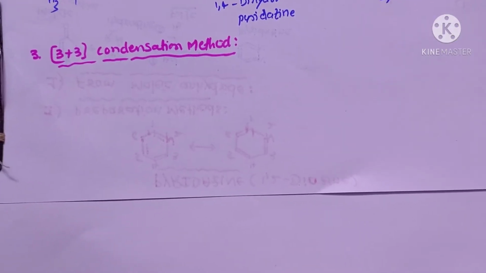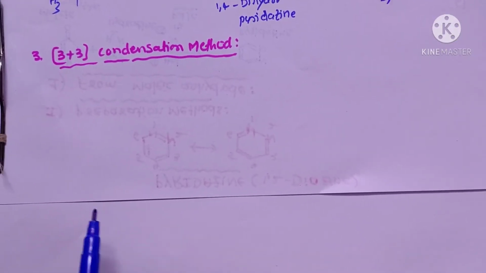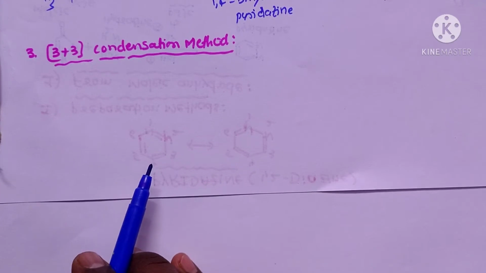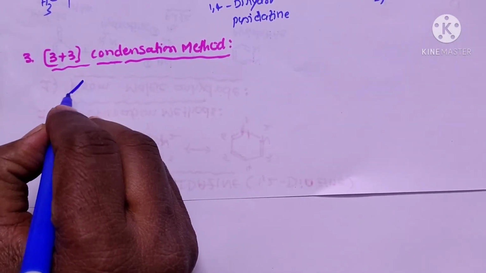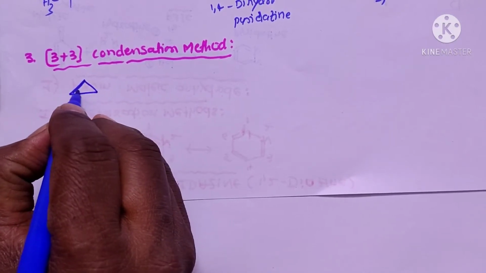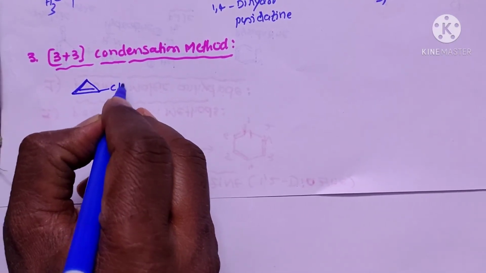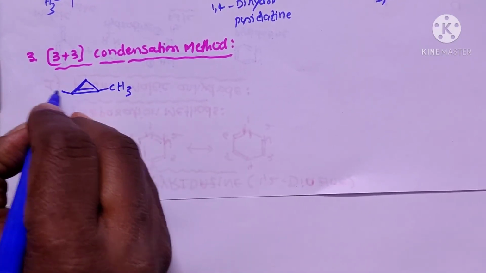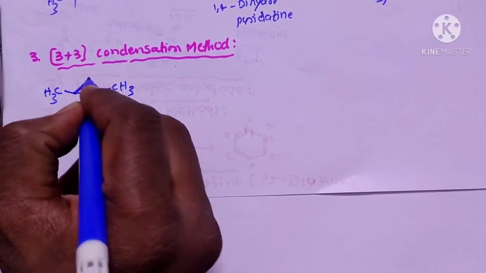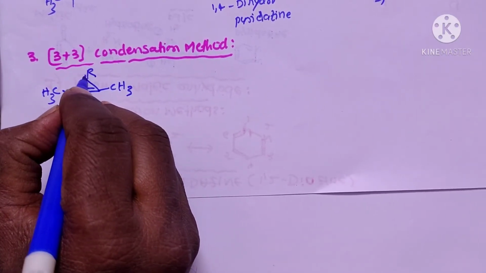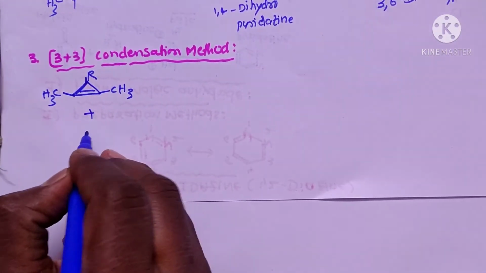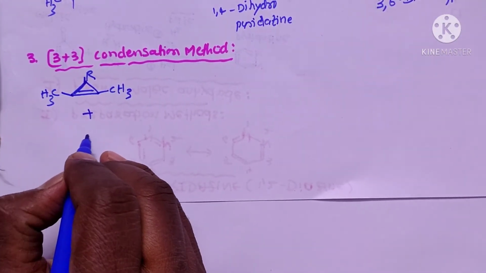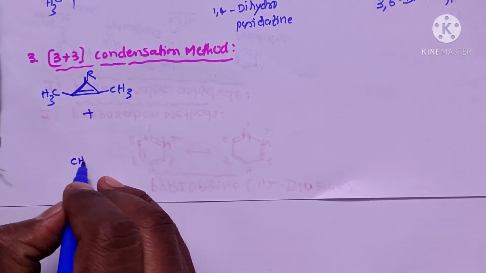Let us discuss the third preparation method of the pyridazine, that is the 3+3 condensation method. In this method we use the cyclopropene. Look at this, this is a cyclopropene derivative. For convenience we are substituting R group. And when it is treated with diazomethane, the formula is CH2N2, no?